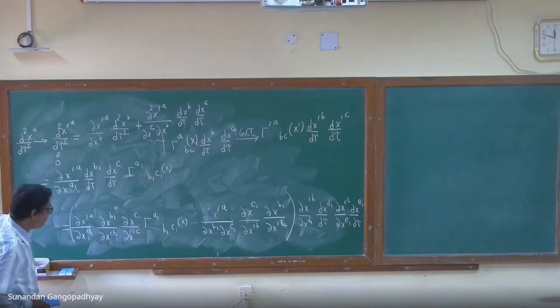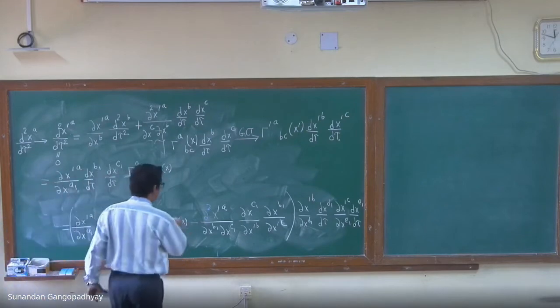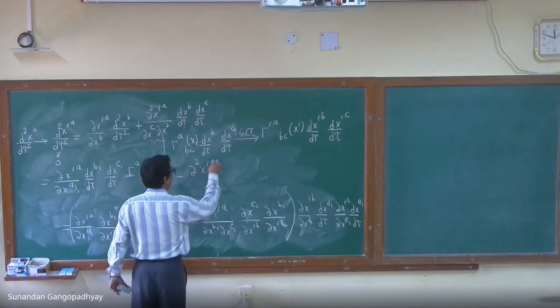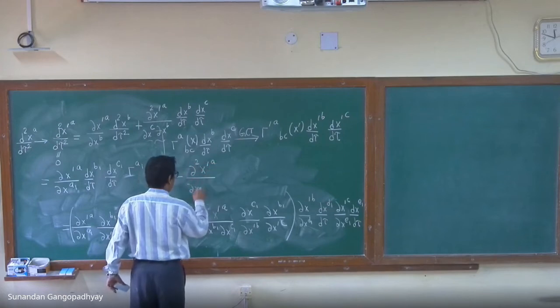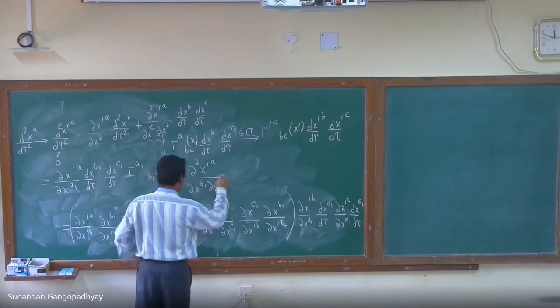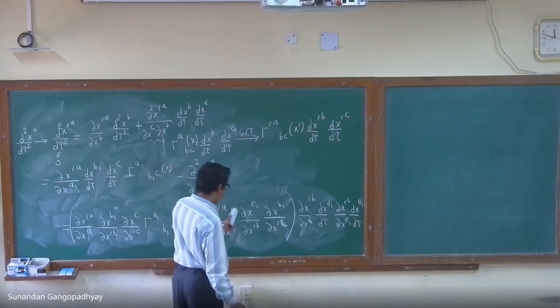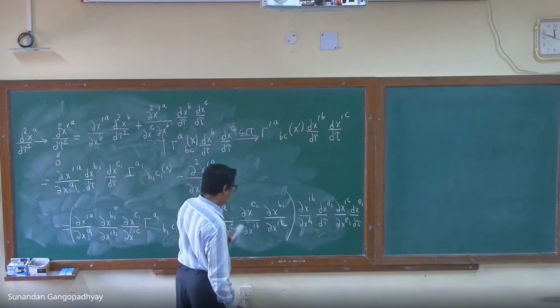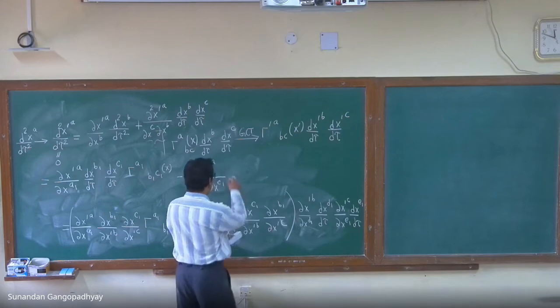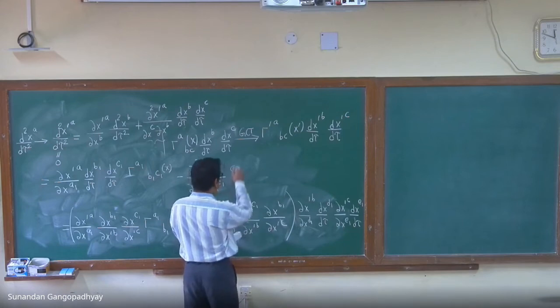Del x prime C. Okay. So let us do it minus del 2 C1 del x C1 del x prime B. So this and this will get cancelled. So this will be giving us delta C1 D1.